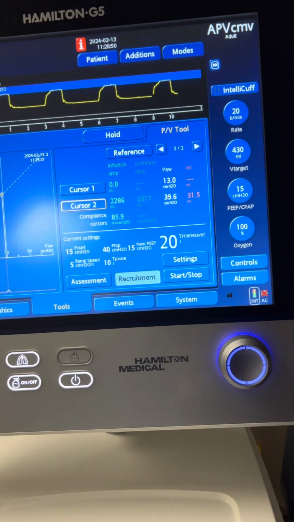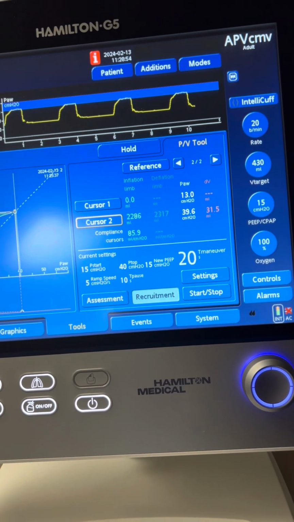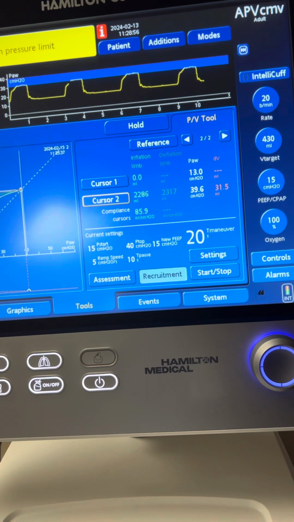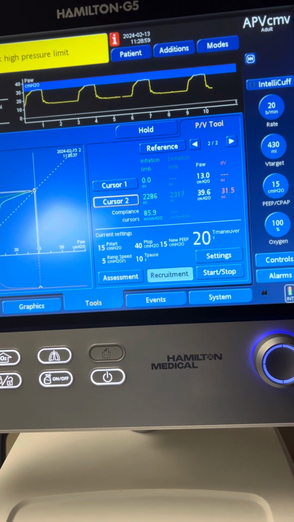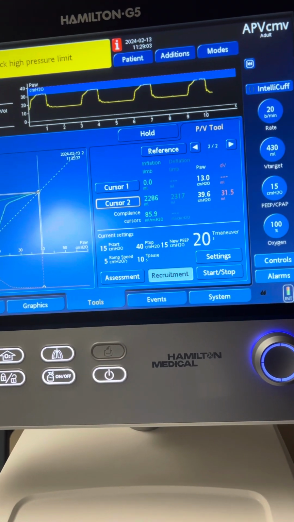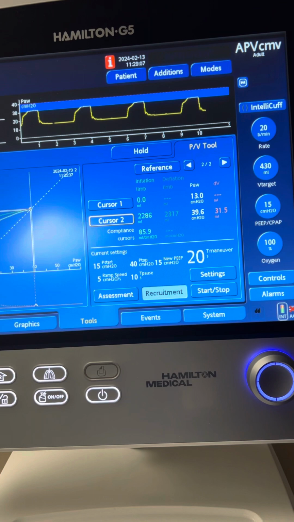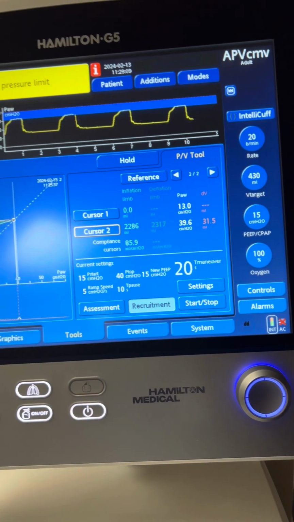You would keep them there until you've titrated your FiO2 as low as possible, ideally less than 50%, and then slowly over time, based on physician and care plan guidance, you would slowly titrate that PEEP to what's optimal for that patient, but also to be able to liberate them from the ventilator.